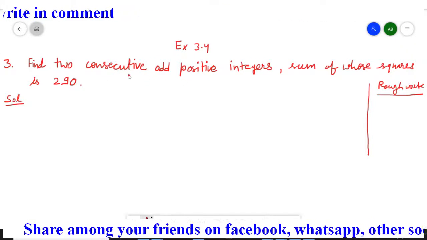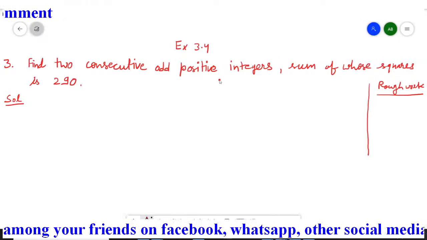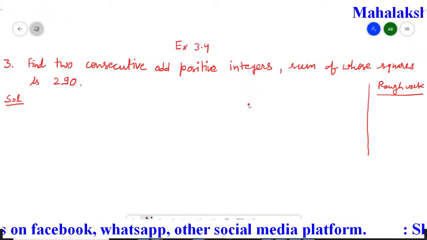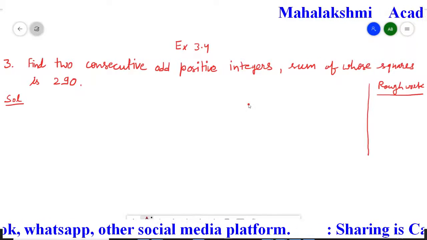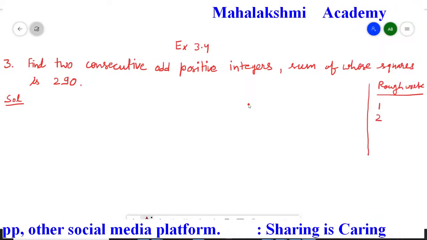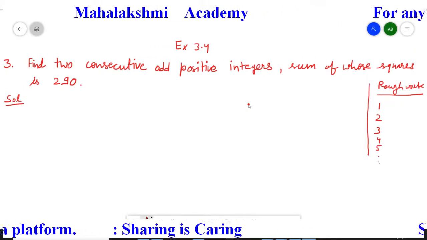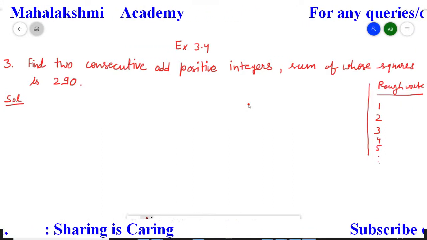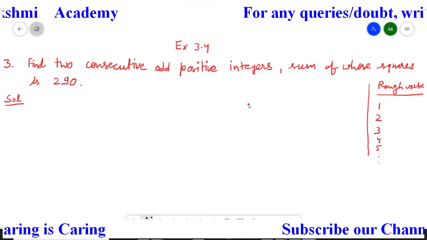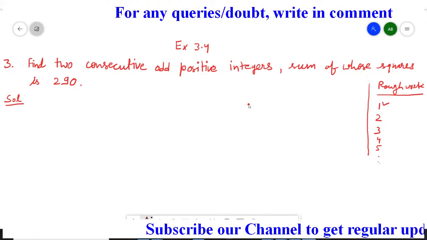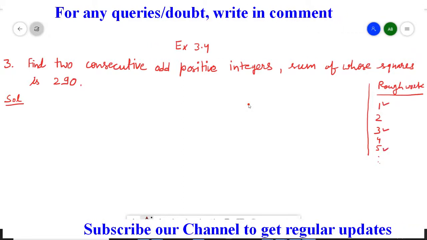First we will understand the meaning of consecutive positive odd integers. Students, if I write the counting numbers as 1, 2, 3, 4, 5 and so on, then we'll pick the odd numbers. Odd numbers means the numbers which are not divisible by 2, that is 1, 3 and 5.